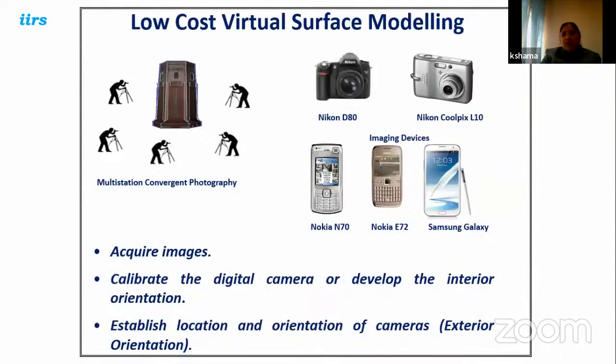And now there is one more technology. See, LIDAR scanners are very costly. You can see they are almost 80 lakhs to 1 crore systems. So now what is this?